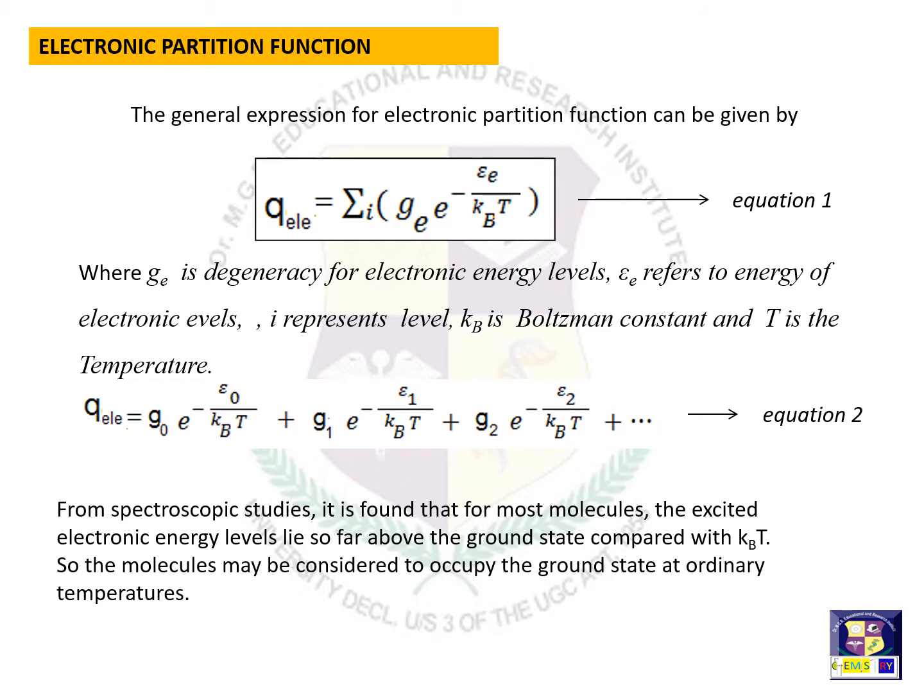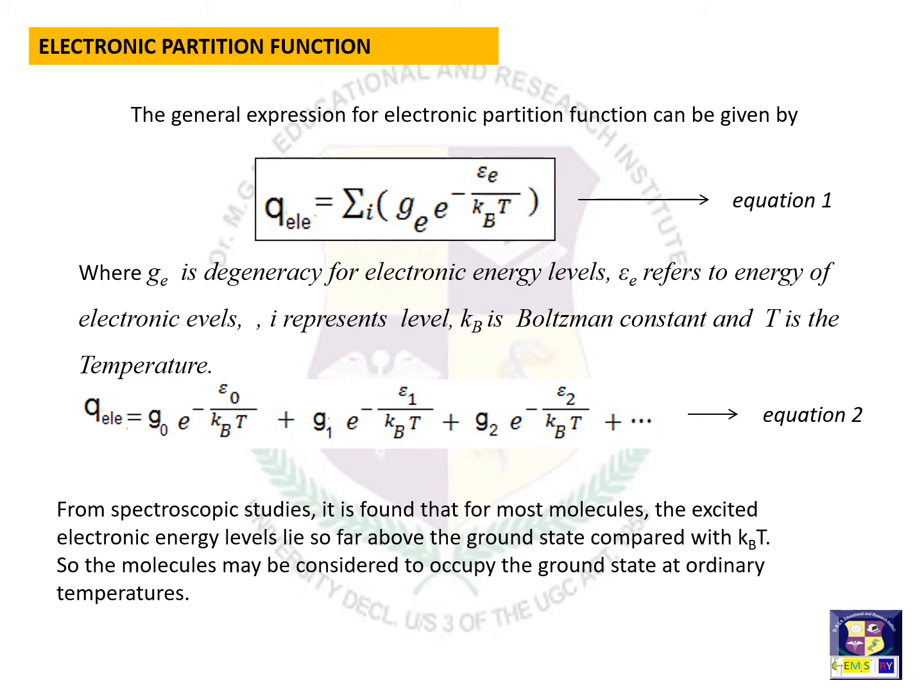The general expression for the electronic partition function can be given by Q electronic is equal to summation over i of g_e exponential power minus epsilon_e divided by kBT. Let us consider this as equation 1. Now what all these terms mean, we will see.